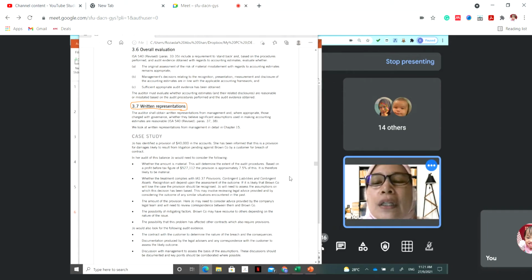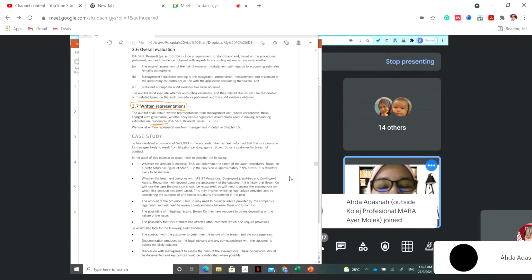The auditor shall obtain written representation from management and, where appropriate, those charged with governance, whether they believe significant assumptions used in making the accounting estimate are reasonable. So ask the management to write a representation letter to you, to explain why their estimation does not follow the requirement of the financial reporting framework.